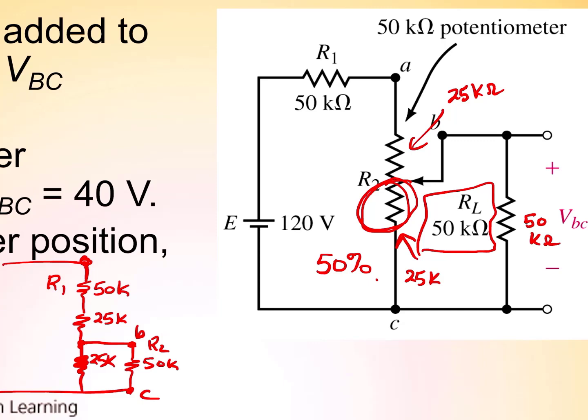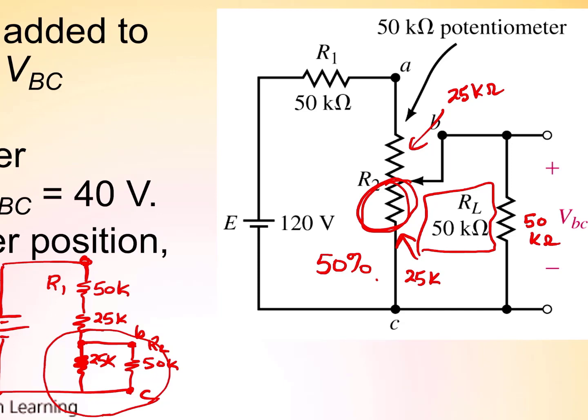So how would you calculate this? Well, you'd have to come up with your R total equation and determine your currents and your voltage drops in order to determine the result here. So you could use voltage divider rule here, but you'd have to use voltage divider rule after determining the equivalent resistance that's here.